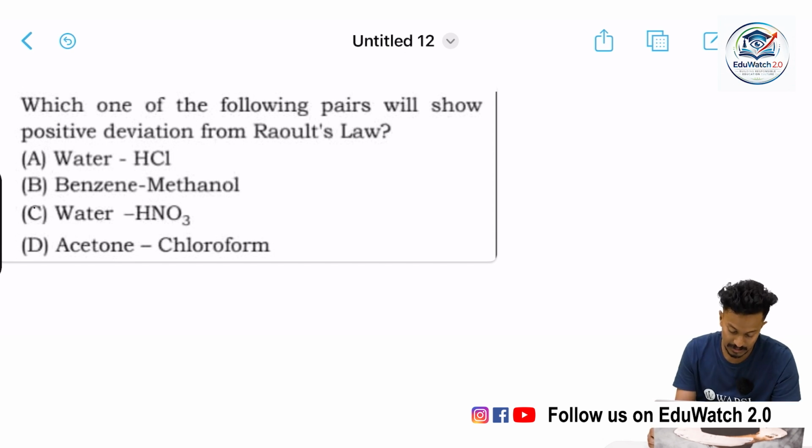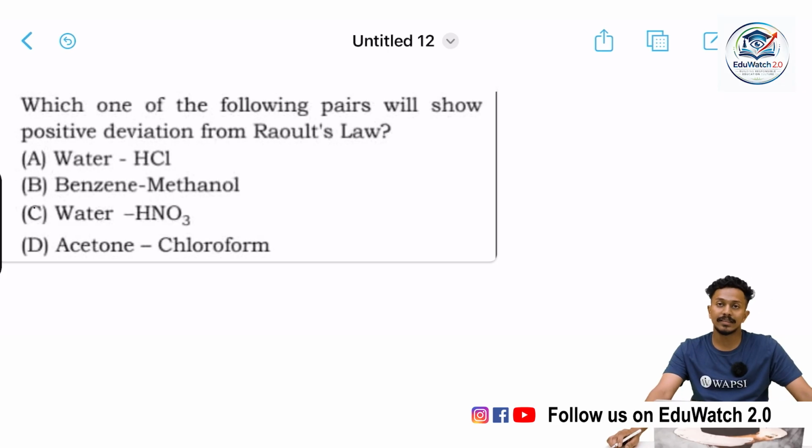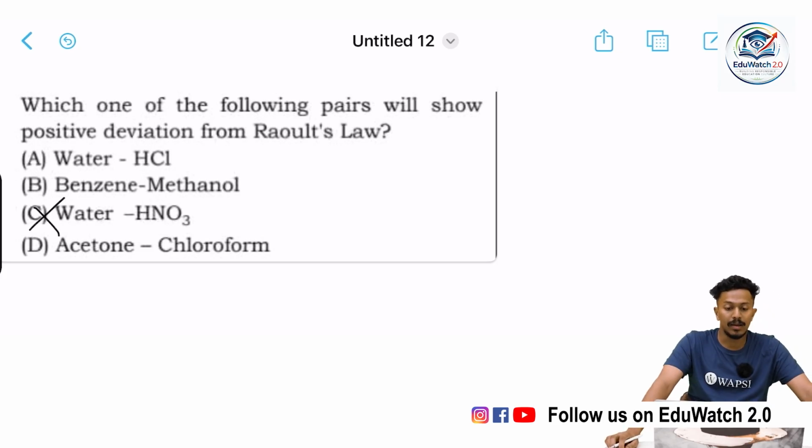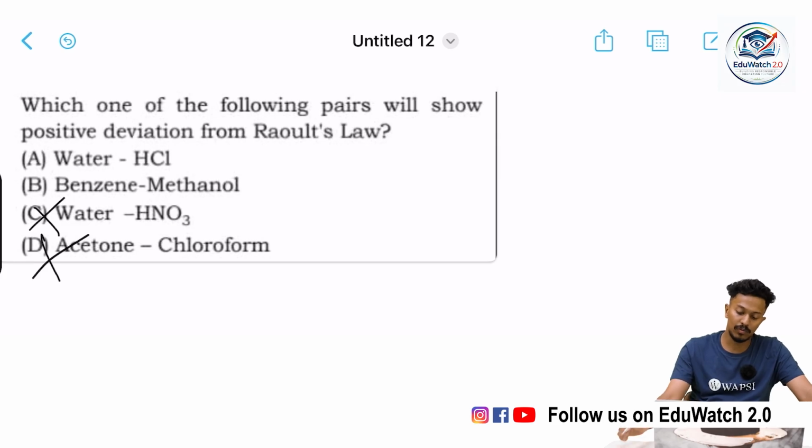So we have to find out which one of the following pairs will show a positive deviation. Water and nitric acid combination has a negative deviation due to the strong interaction between water and nitric acid, so we could exclude it. Acetone and chloroform also has a strong interaction, so we could exclude acetone and chloroform.